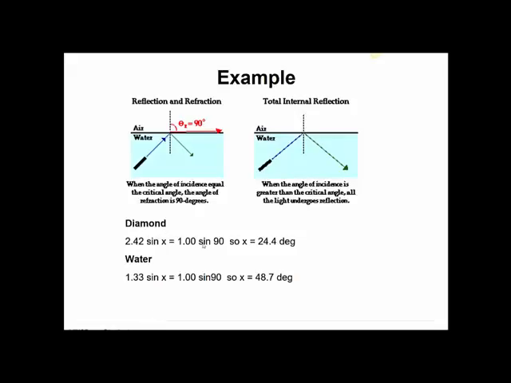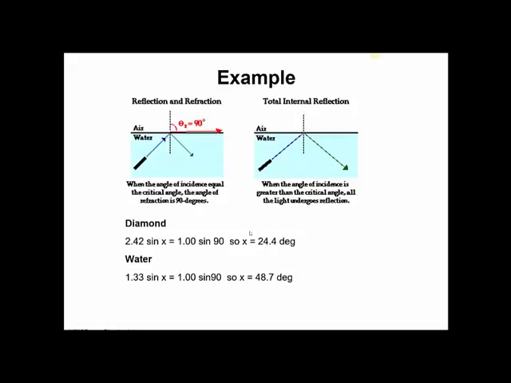Diamonds are beautiful because they sparkle. The reason they sparkle is because they have a low critical angle. It's a lot more likely that when light enters the diamond from outside, it'll get trapped inside of it, because it's very likely that it's going to enter and slow down to an angle that is bigger than 24 degrees.